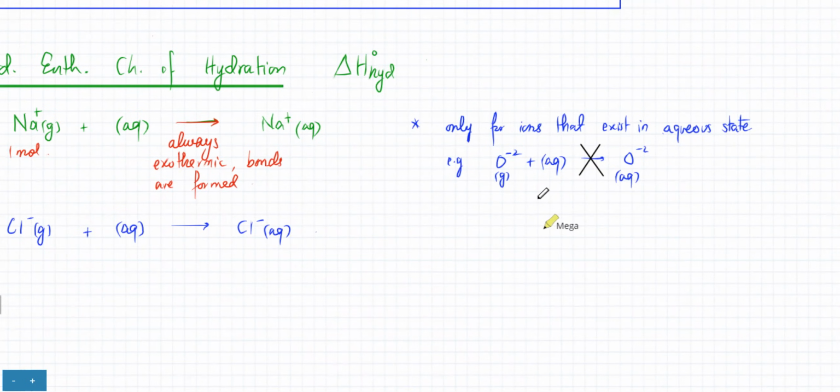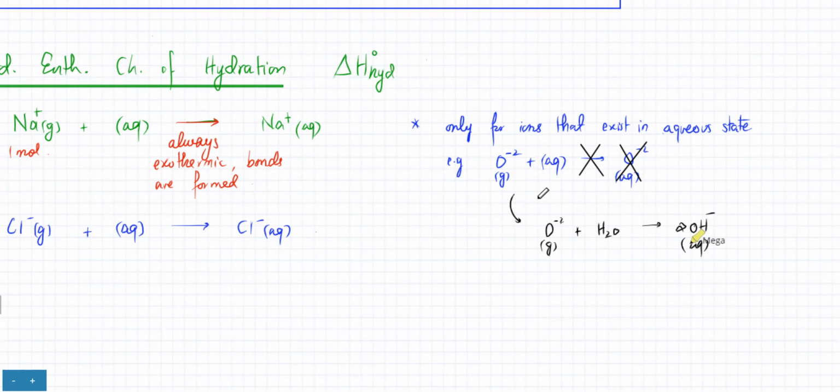So O2- aqueous, the thing is that there is no O2- aqueous. What actually happens is that O2- ions react with water. They don't dissolve in water, they react with water and turn into OH- ions. So that's a chemical reaction taking place, that's not hydration.